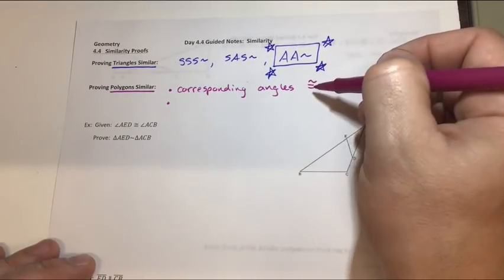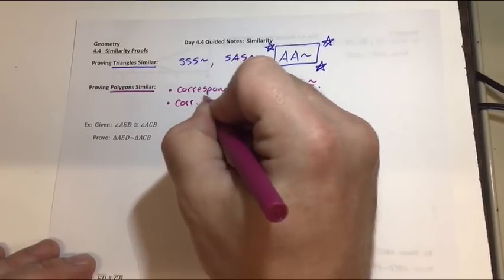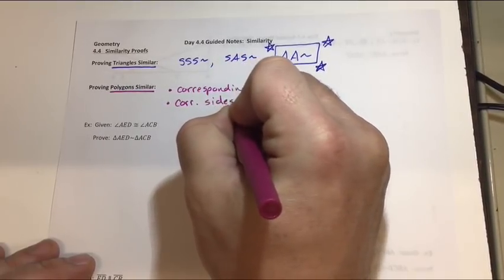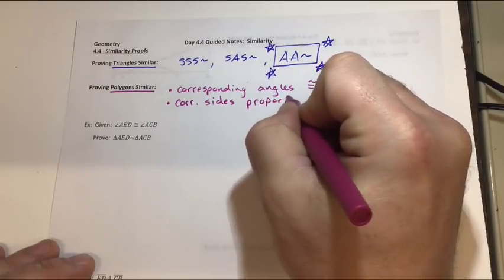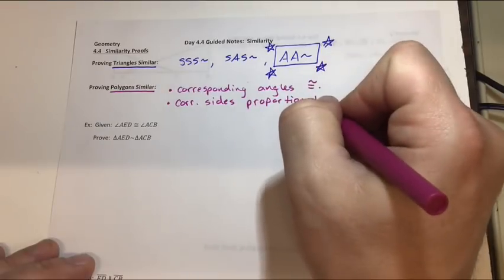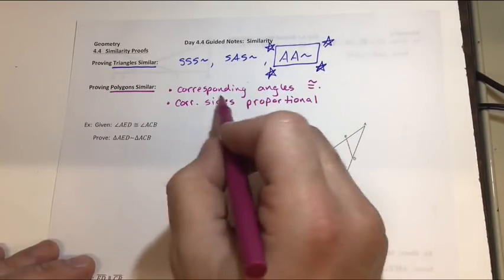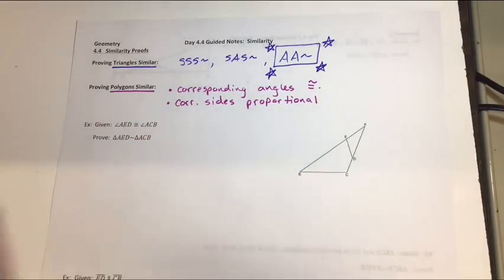You have to show that all corresponding angles are congruent. But then we also want to show that corresponding sides are proportional. And we are going to do this in a little bit more informal method. We're not going to write this out as a two-column proof for proving polygons are similar. We're going to kind of write it out as a verbal explanation. So we'll get to an example like that later on.